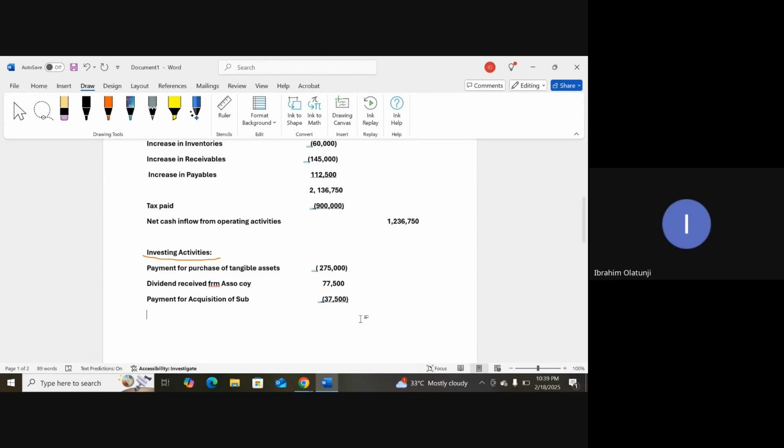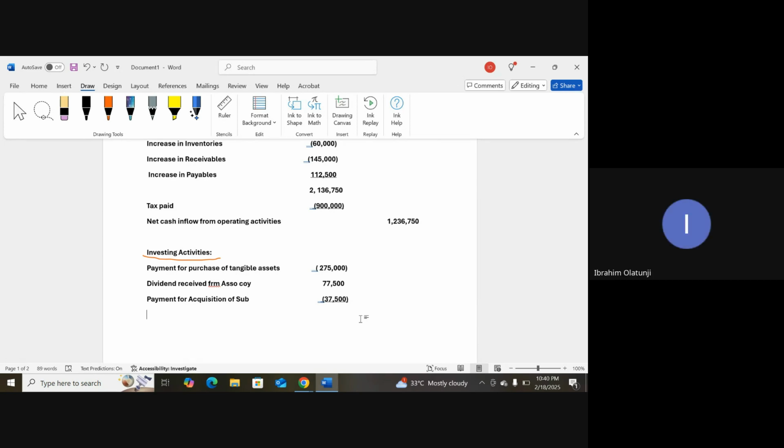So you can check and let's see if there is a disposal.